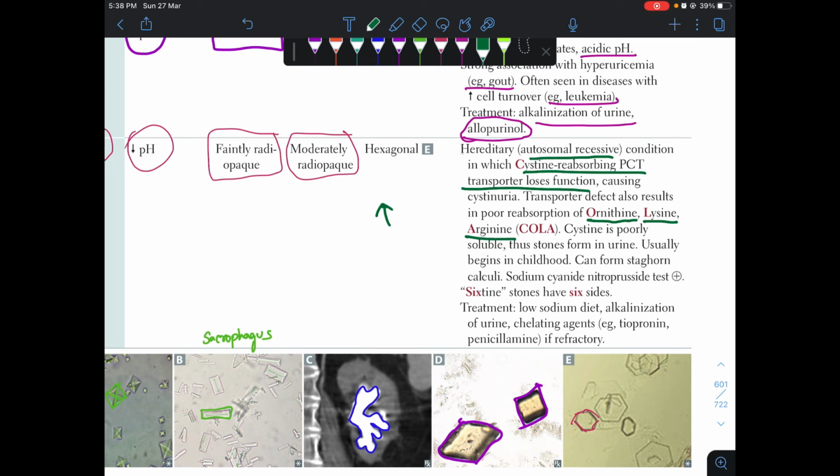But since these three molecules' solubility is more, these will dissolve in the urine, but cystine will not dissolve in the urine and hence causes cystine stones. And it usually begins in childhood, and it also has Staghorn calculi.